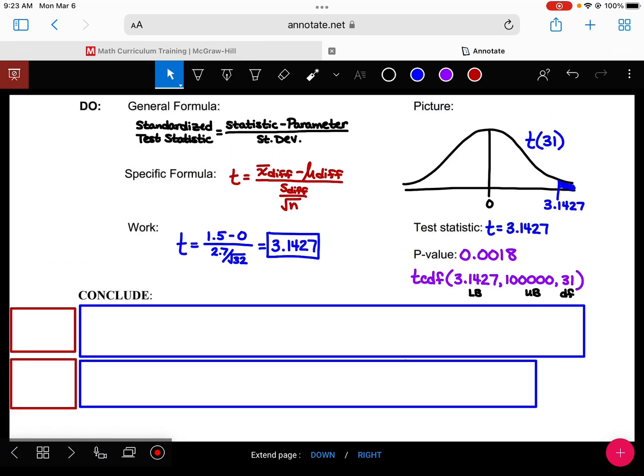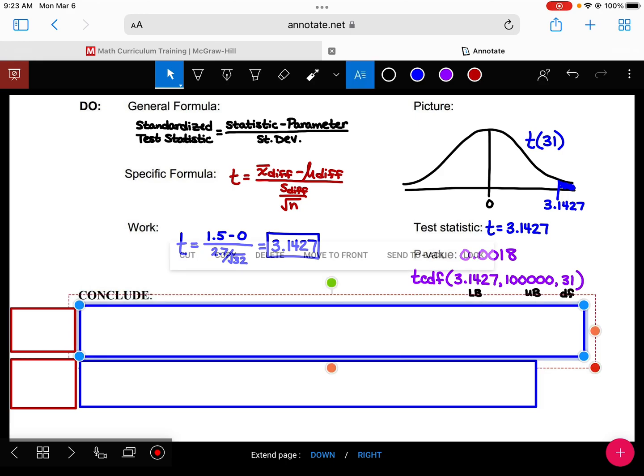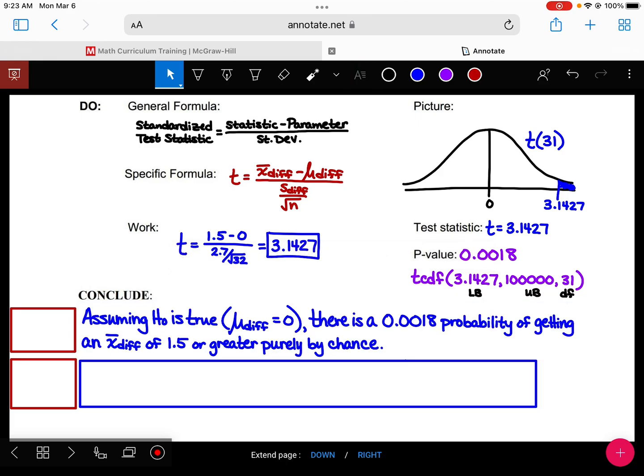What would our conclusion be then? Assuming H0 is true and mu diff equals 0, there is a 0.002 probability of getting an x bar diff of 1.5 or greater purely by chance. Yes, that's the interpretation of our p-value. So that's the first thing that we need to talk about.